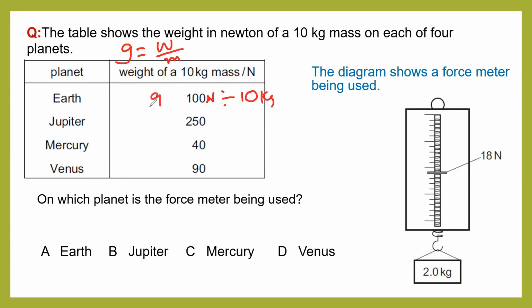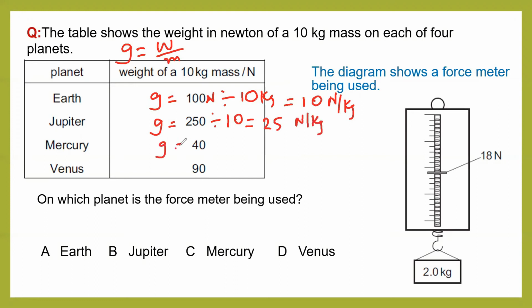So we can find the value of G in the table. That's going to be 100 divided by 10, that's going to be 10 newtons per kilogram. Now similarly, we are going to calculate G for the weight of 250 newtons. 250 divided by the mass, which remains the same, that is 10. So I'm going to get 25 newtons per kilogram in this case.